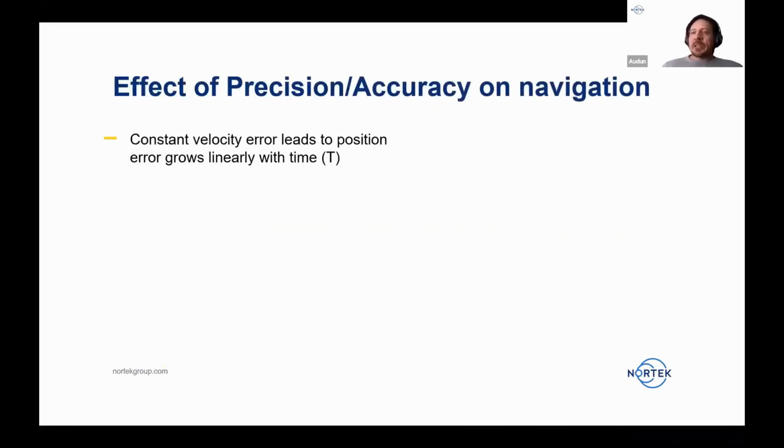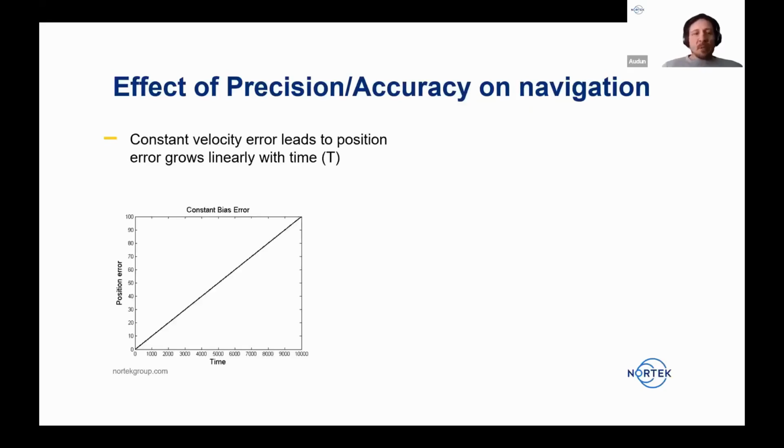We're typically interested in using this for navigation. So you're interested in position. So that's your velocity integrated over time. So if you have, let's say, a constant velocity error, that means that you will have a position error that grows linearly with time. So that's a pretty simple case to analyze.